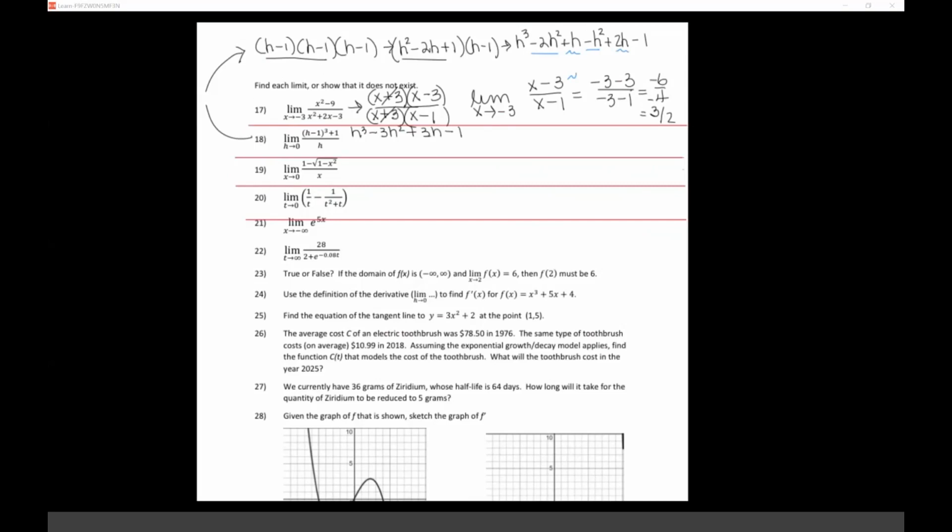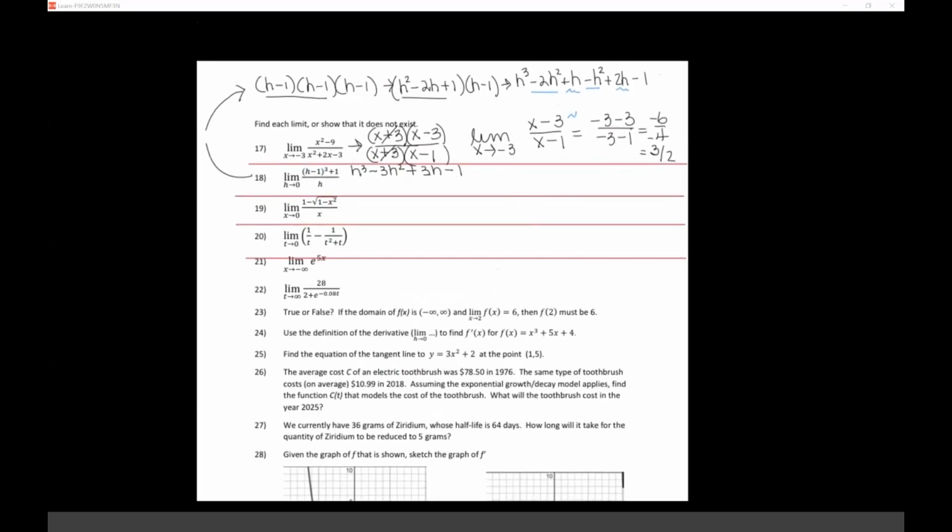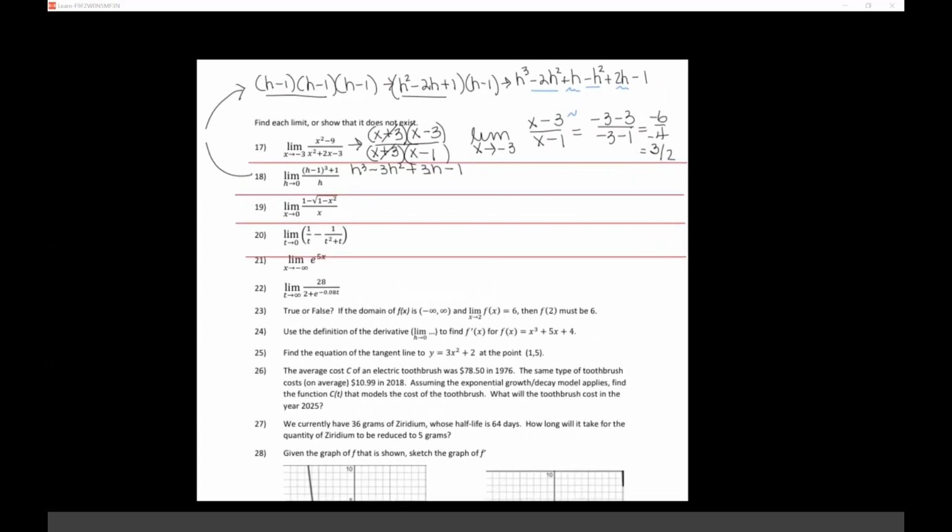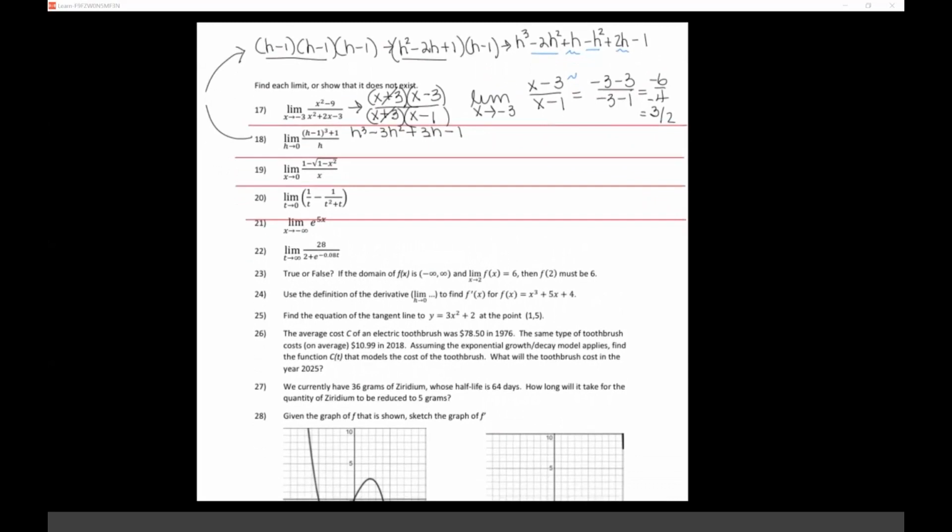So what I wrote here for number 18 is the complete expansion of h minus 1, the whole thing cubed. I'm showing you how to do it step by step if you're not comfortable with binomial coefficients, to just expand it. Now that's this part.